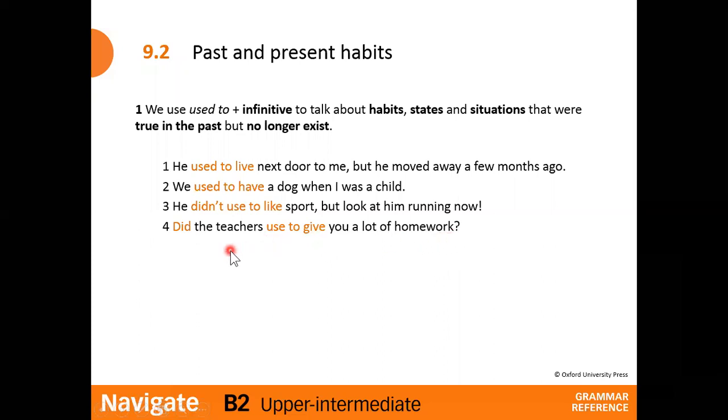So this is the question form. Here you can see did at the beginning of the sentence, and it's the structure of past simple, right? And here you can see used to give, no D here. And the same thing is here, didn't used to like, no D here in use. You drop D in negative and questions, all right?